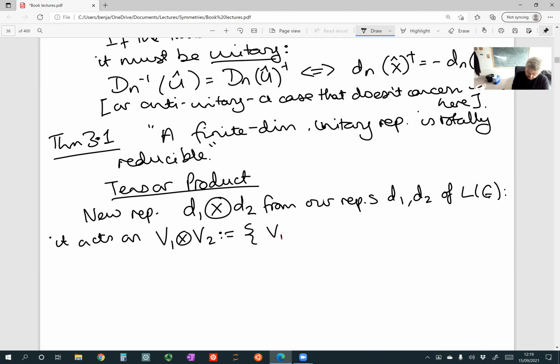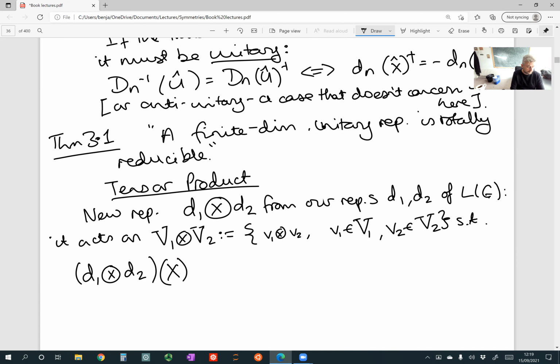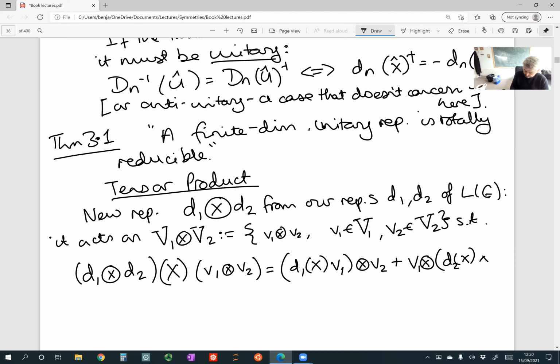So this is defined to be, okay, so now little v1 tensor little v2, where little v1 is in the first representation space and v2 is in the second representation space, such that D1 tensor D2 corresponding to the Lie algebra element x, acting on this v1 tensor v2 is equal to the representation of the Lie algebra corresponding to the element x acting on v1, tensor v2, plus v1 tensor D2 of x acting on v2.